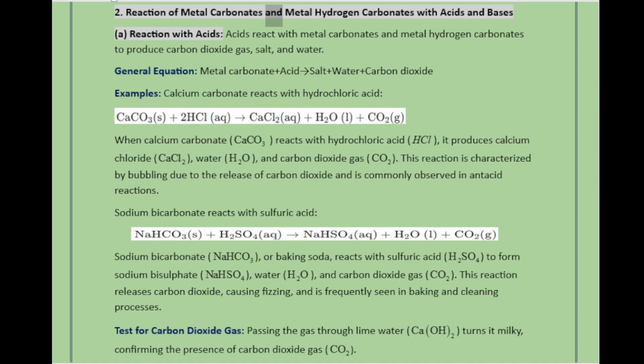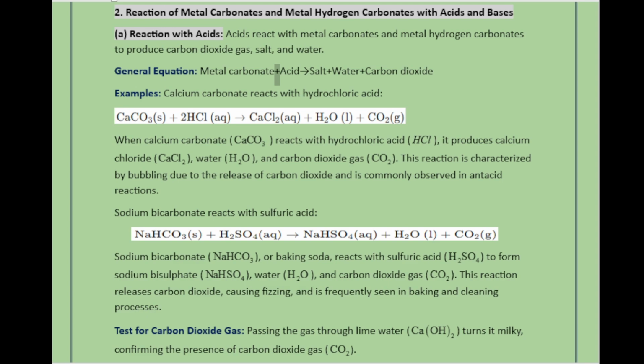2. Reaction of metal carbonates and metal hydrogen carbonates with acids and bases. A. Reaction with acids. Acids react with metal carbonates and metal hydrogen carbonates to produce carbon dioxide gas, salt, and water.